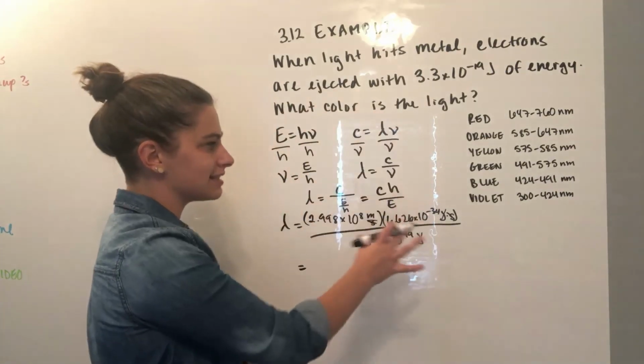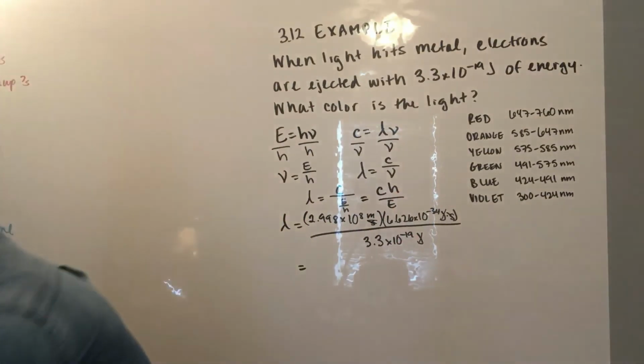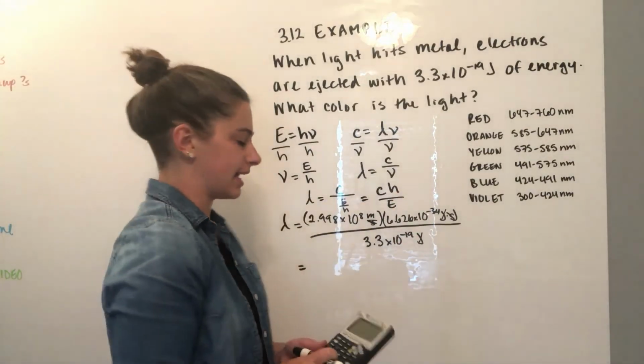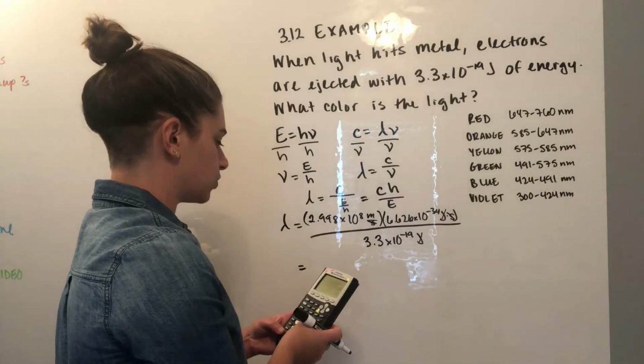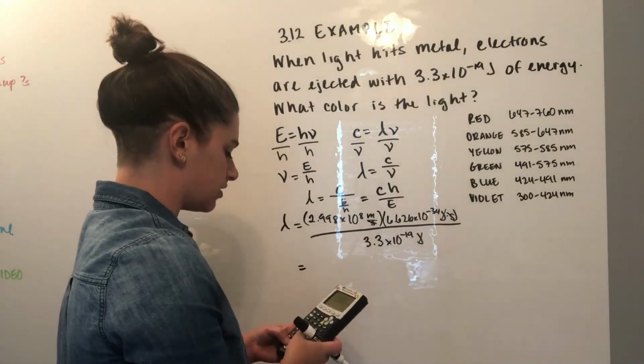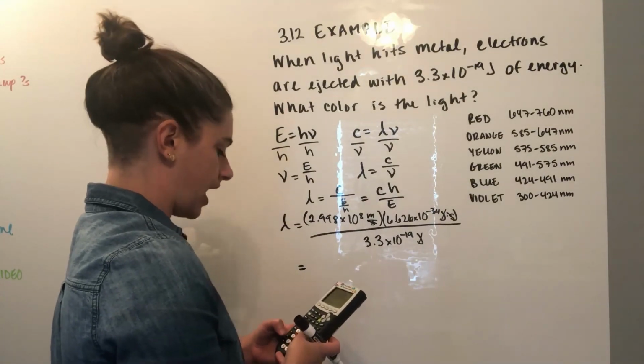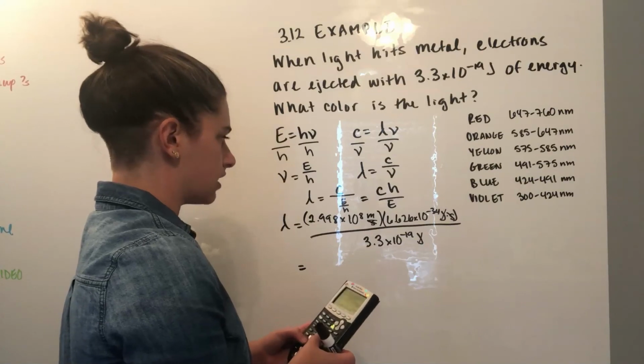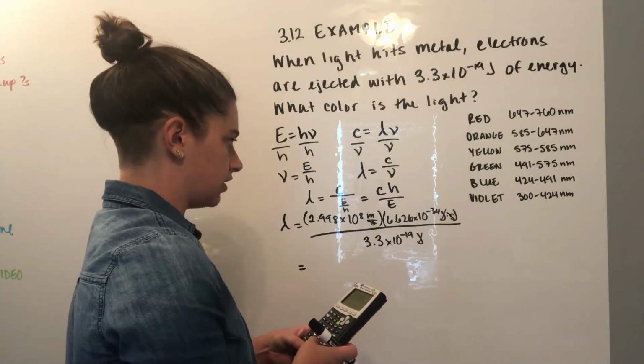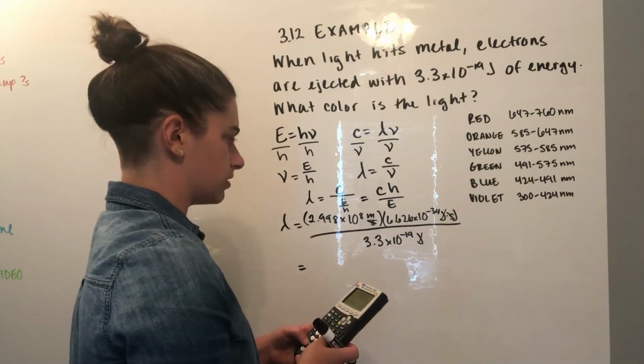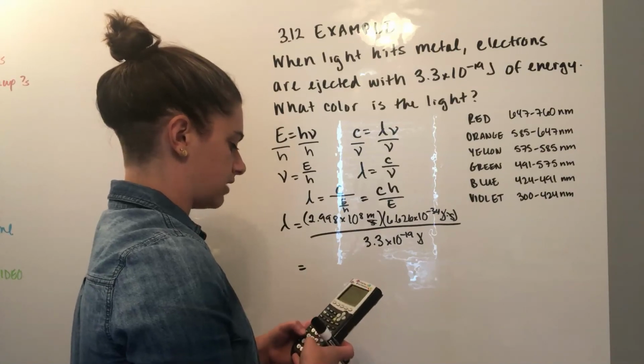Since this is not necessarily a multiple choice question, I'm going to go ahead and use my calculator. It might be asked in either way, so you should be comfortable dealing with the numbers in your calculator as well as the numbers as mental math.